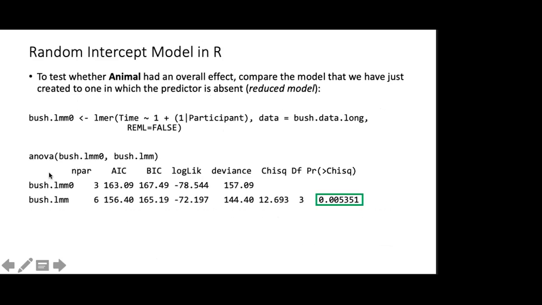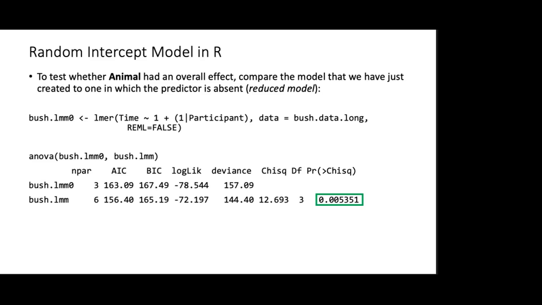Then, in order to test whether animal has an overall effect, which is what you want to do when running an ANOVA, you use the model comparison logic that we have used before. You come up with a reduced or null model that excludes the effects you want to test.